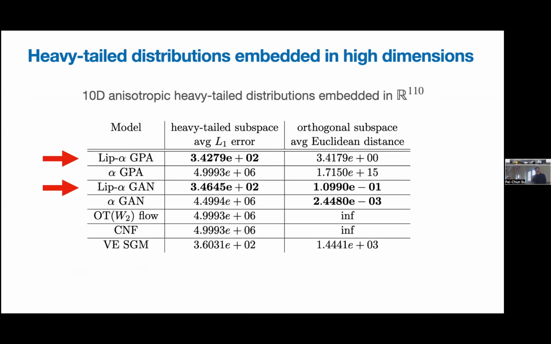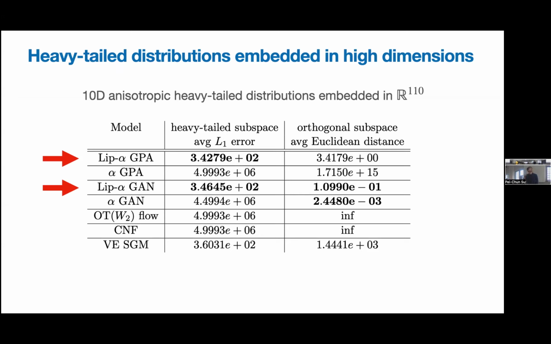Okay, so it's justified for various machine learning algorithms that optimize this divergence without any assumptions on the target distribution Q. Here is more examples, where we learn a 10D anisotropic heavy-tail distribution that is embedded in 110 dimensions. The first column is the error for capturing the heavy tails, and the second is to measure how close the generative distribution is to the low-dimensional plane.